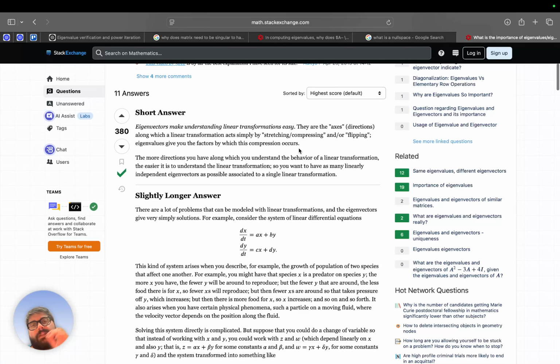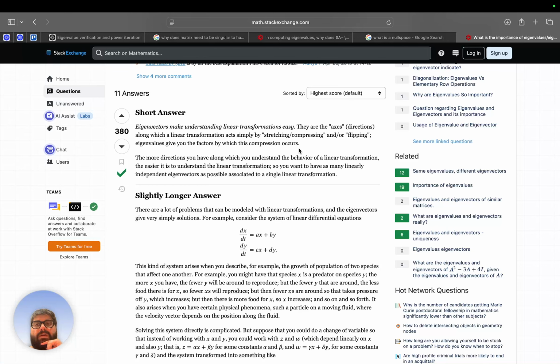Eigenvectors make understanding linear transformations easy. They are the axes, the directions, along which a linear transformation acts simply by stretching, compressing, and or flipping. Eigenvalues give you the factors by which this compression occurs. The more directions you have along which you understand the behavior of a linear transformation, the easier it is to understand the linear transformation.